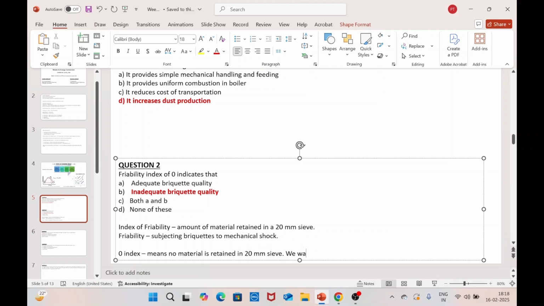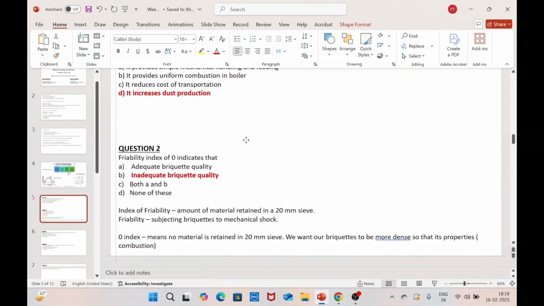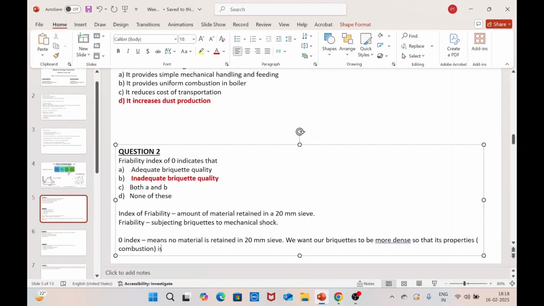We want our briquettes to be more dense, so that their property, specifically the combustion, is enhanced.